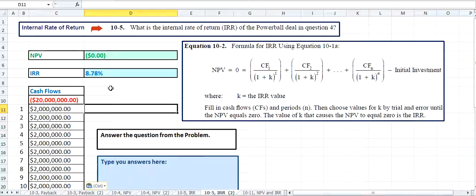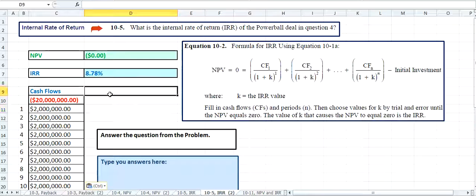Our internal rate of return is actually 8.78%, and this is rounded off, and I'll show you that in a minute. But what this is really telling us is that with this rate of return, our net present value is 0. So our internal rate of return is the rate of return that would make our net present value 0.